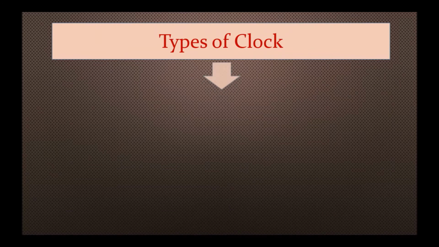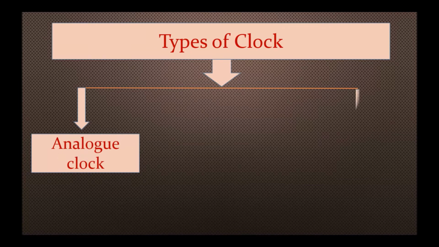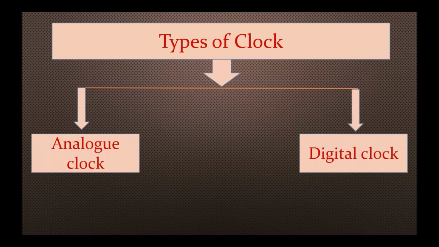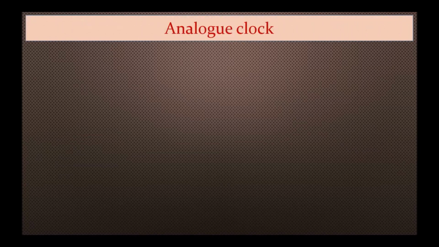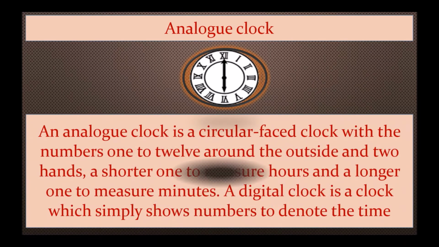Types of clock. So there are two types of clock: analog clock and the digital clock. Analog clock. An analog clock is a circular faced clock with the numbers 1 to 12 around the outside and two hands, a shorter one to measure hours and a longer one to measure minutes.